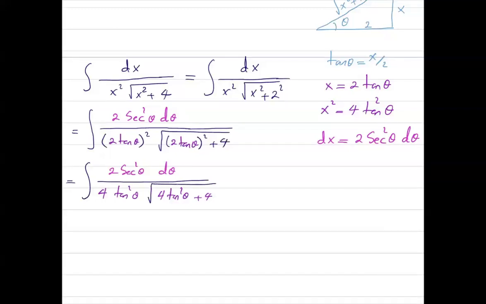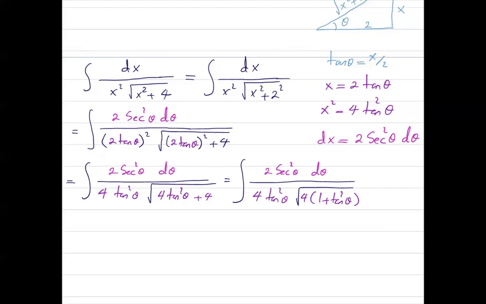Very well. Here you can factor out 4 and simplify this further. You get the integral of 2 secant squared of theta d theta divided by 4 tangent squared of theta, and then inside here you get the square root of 4 times 1 plus tangent squared of theta. Let us close up the parenthesis.